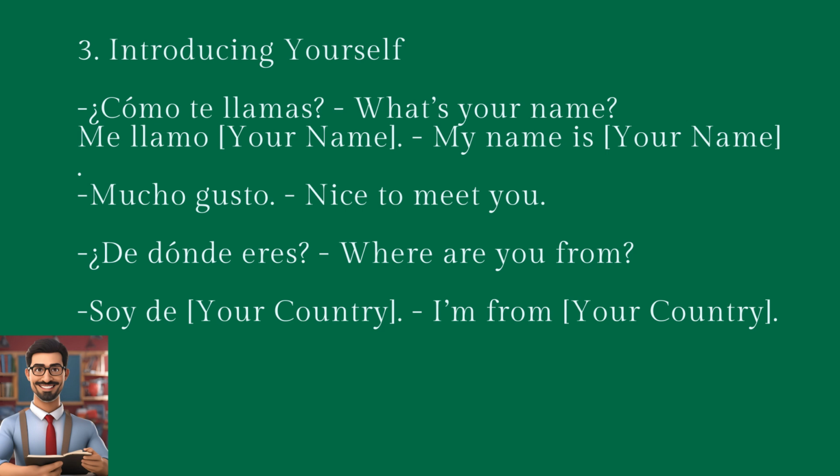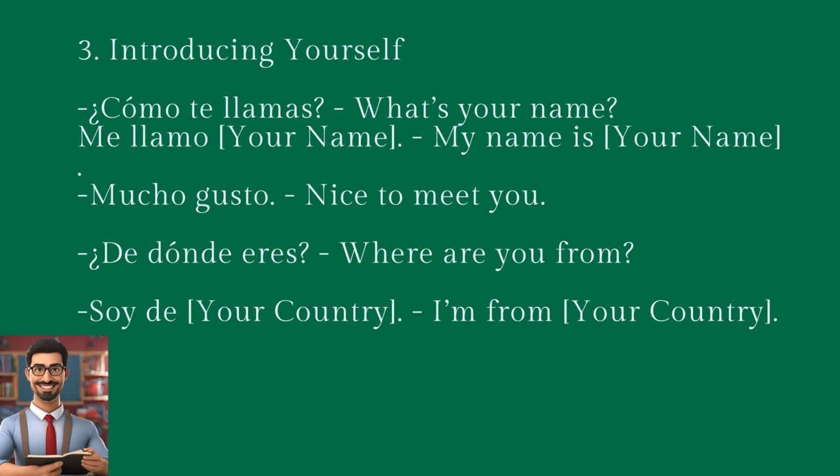And another phrase, mucho gusto. Right here, you see an H. It changed the sound. Now it has a sound. Remember that I told you at the beginning, when you find CH, you will say it like ch, mucho.